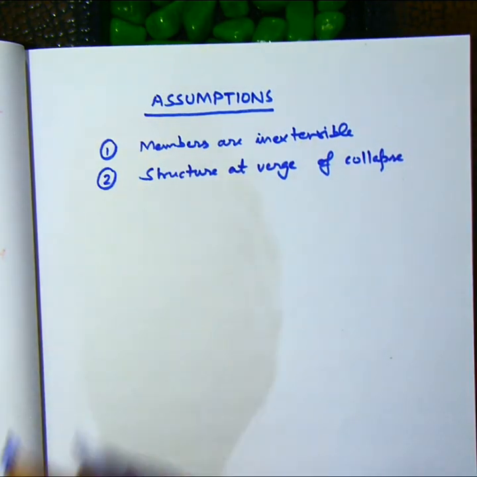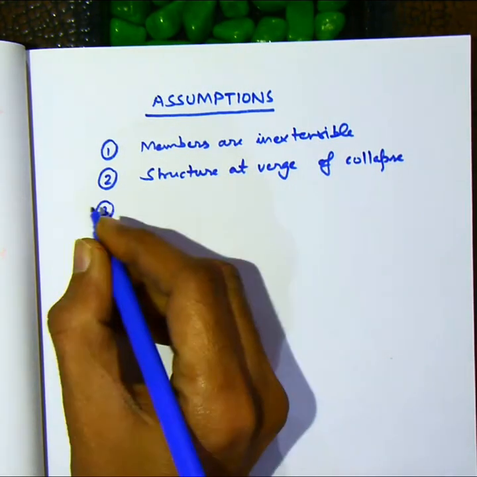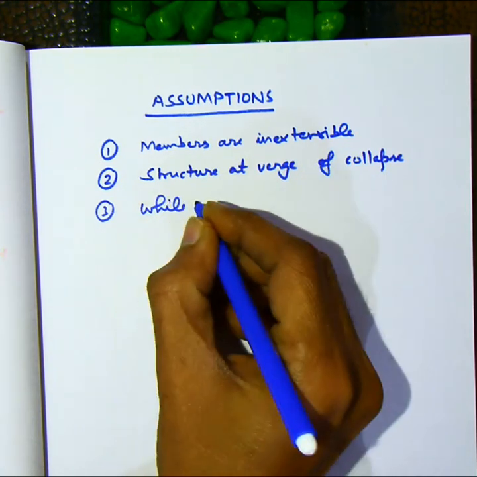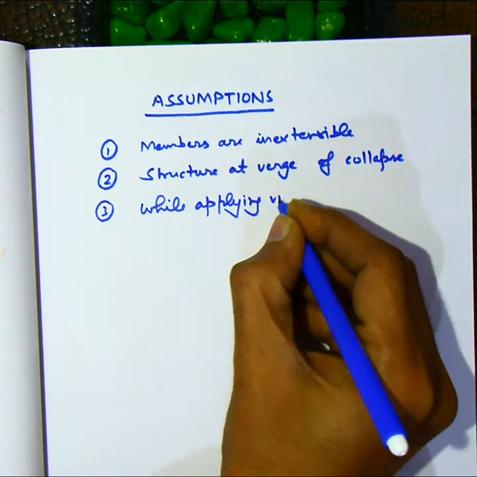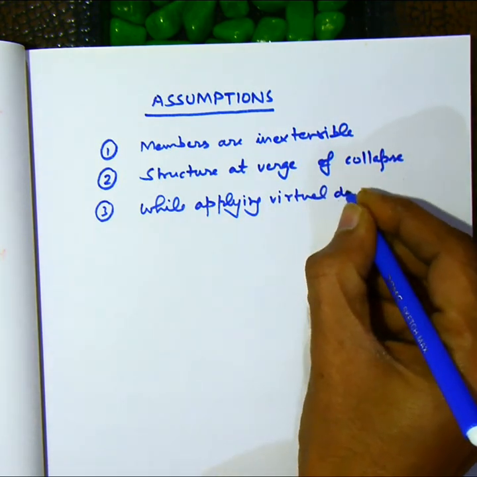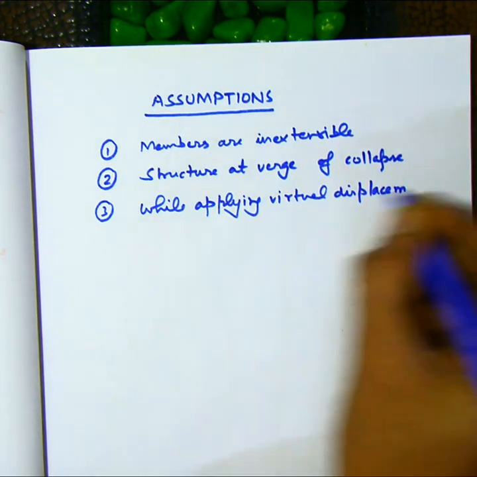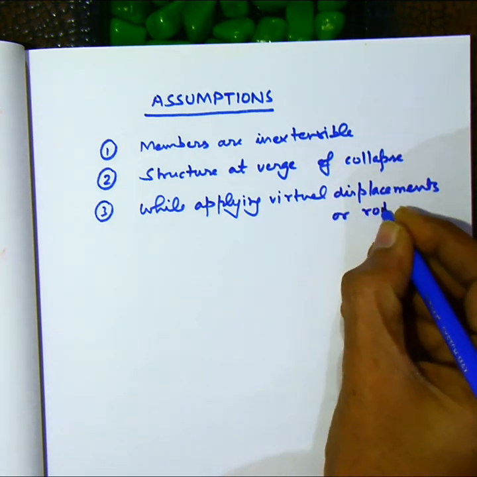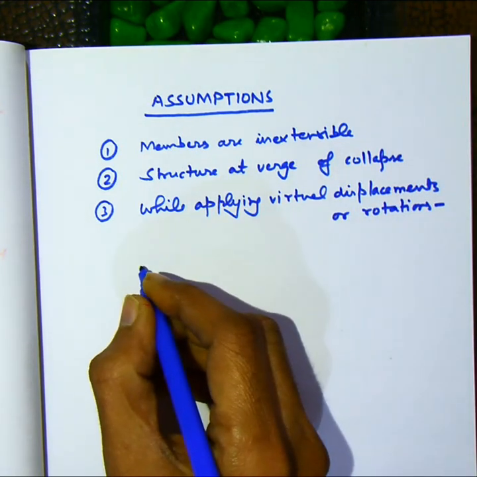The structure we are considering is at the verge of collapse, and then we are giving infinitesimally small displacements and rotations. So when we are applying the virtual displacements and rotations, let's see what our main assumptions are.